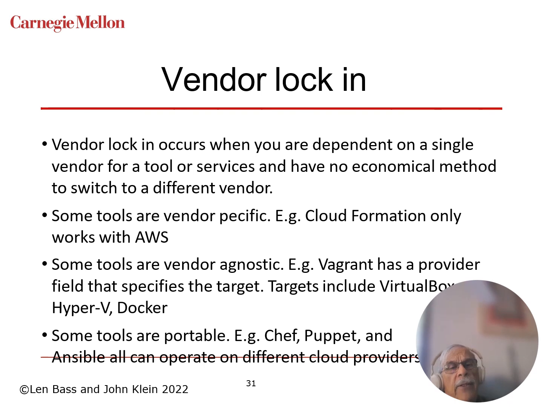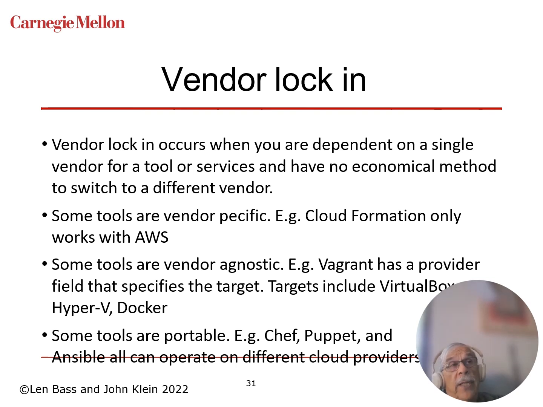So these are things that you need to worry about when you make decisions about how you're going to write your scripts and what you're going to do in terms of cloud providers. One of the phenomena that's growing is that people are looking at multi-cloud providers. So all the cloud providers have had failures.